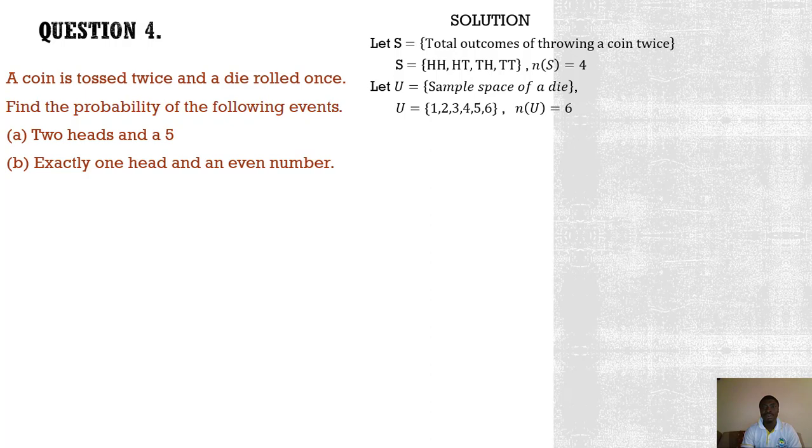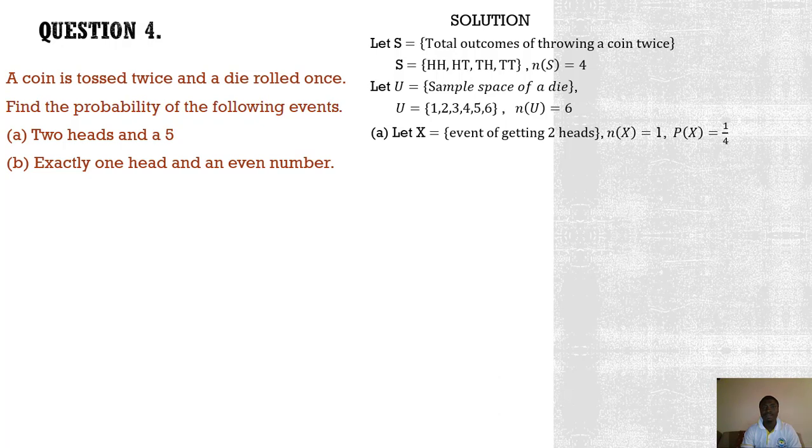And when you count the number of elements in set U, you are going to get 6. Therefore, the number of U is equal to 6. I hope it's clear there. Now let's move on to the main question.